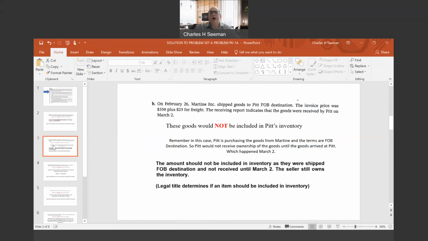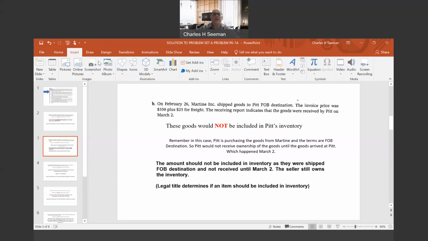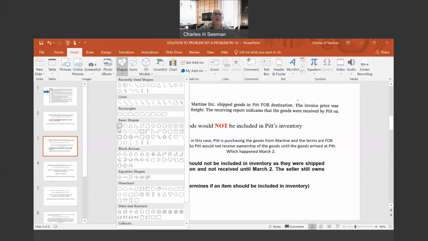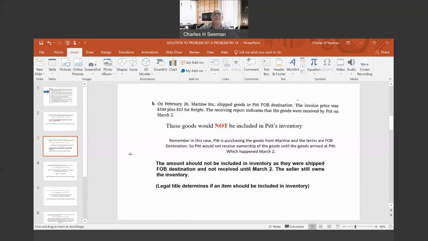B, on February 26th, Maritime Inc. shipped goods to Pitt, FOB destination. The invoice was $350. The receiving report indicated that the goods were received on March 2nd. These also would not be included. Now, in this case, Pitt is the purchaser.